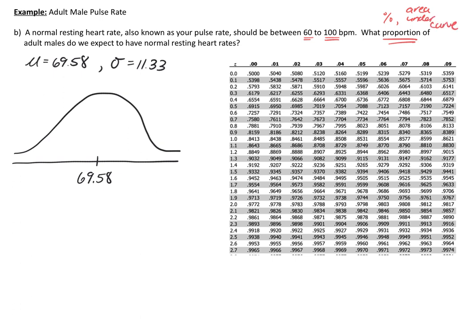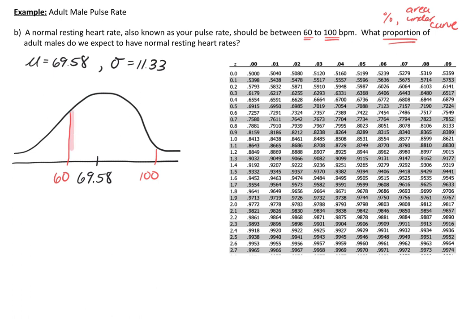Okay, so let's go ahead and mark where 60 and 100 are on this bell-shaped curve. It doesn't have to be to scale, but we know that 60 is below the mean value and 100 is above the mean value. Once you have those values marked, the next thing you want to do is shade in the area between 60 and 100 beats per minute.